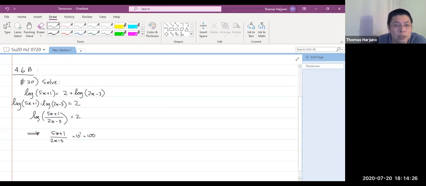So this will be 5x plus 1 equals 100 times 2x minus 3, 200x minus 300. That's 301 on the other side, and this side is 195.